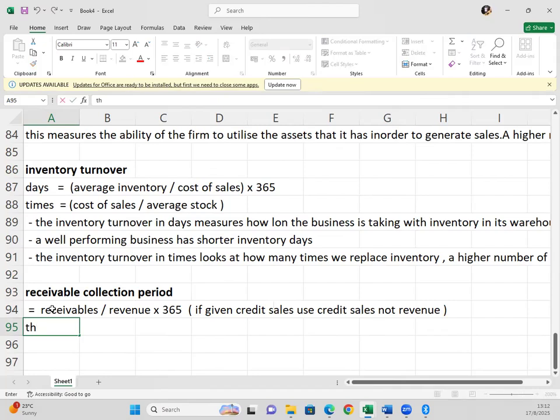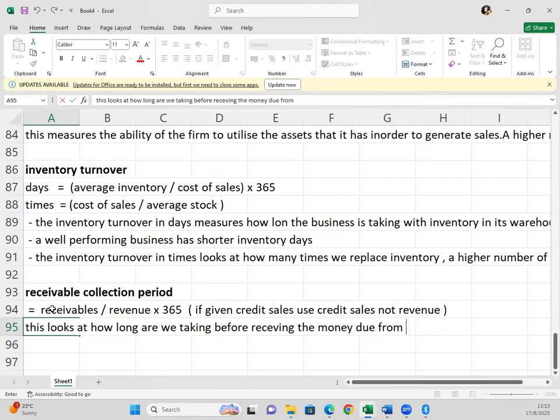So this measures how long we are taking before receiving the money due from our debtors.